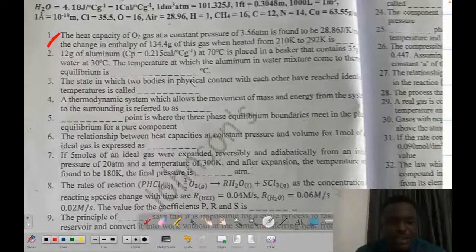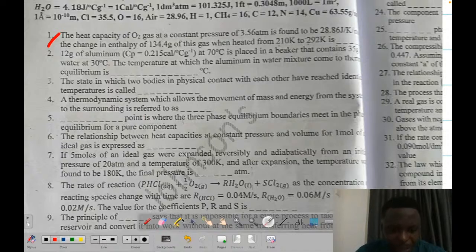If you drop the nail inside, the nail is going to lose some heat and the water is going to gain some heat. At a particular point, both the nail and the water will have the same temperature. That's basically what they're asking us to solve here.